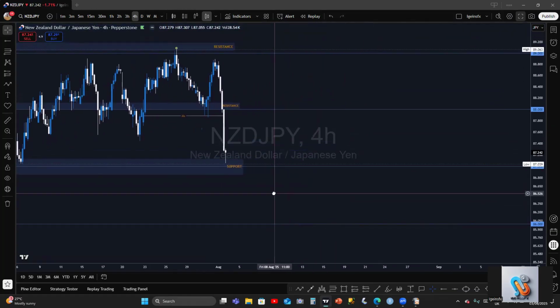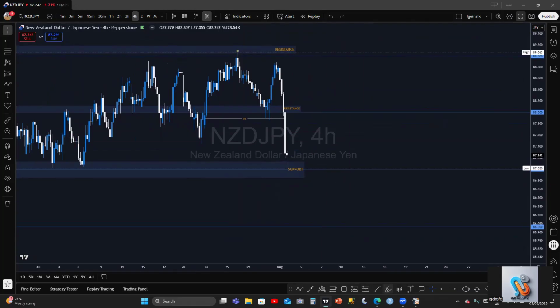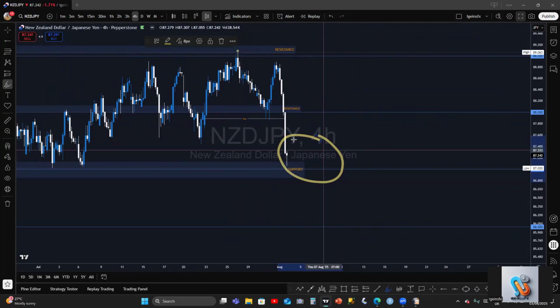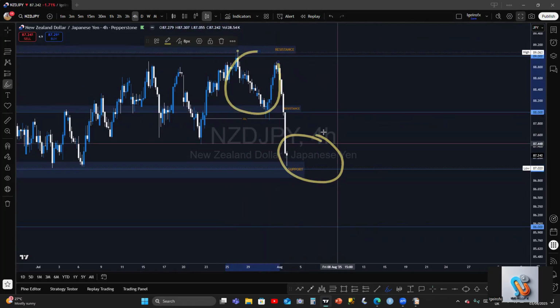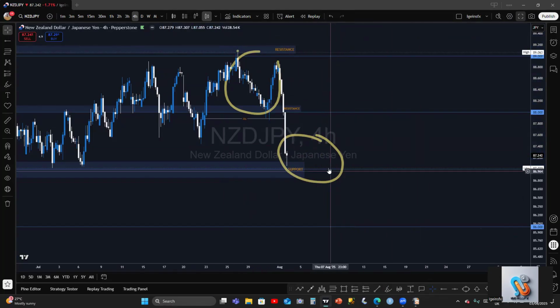If it holds, I need to wait to see a market shift. It needs to give me a market shift, just what it did here. It needs to do something here again, giving me a market shift before I will push.